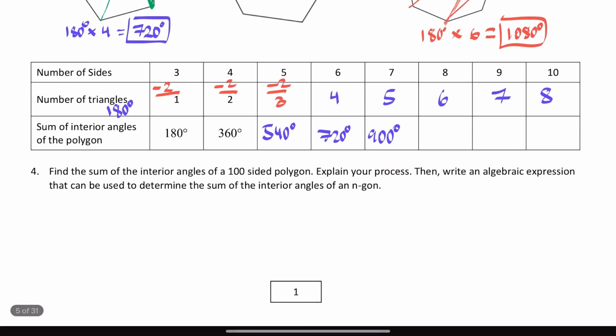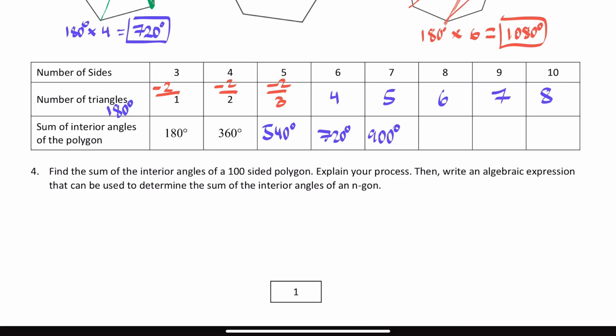And so this bottom question now says, find the sum of interior angles of a 100-sided polygon. So we're thinking of a really big figure that has 100 sides. It does not help to do the strategy of drawing that whole thing out and drawing a bunch of triangles in there if we know that every single time we are given a number of sides, we know how many triangles there are if we just subtract 2.